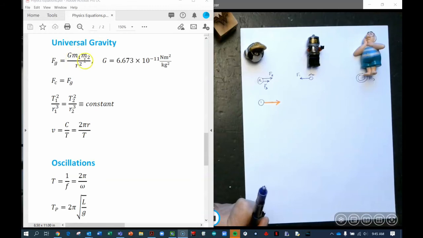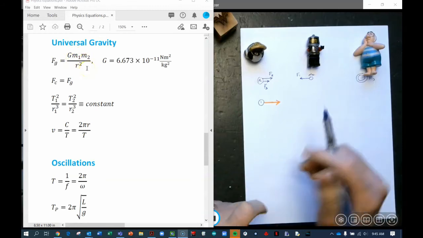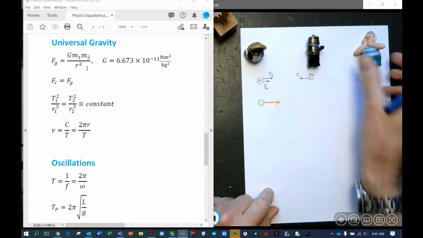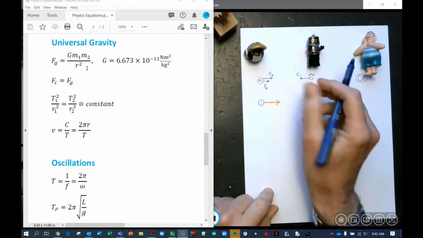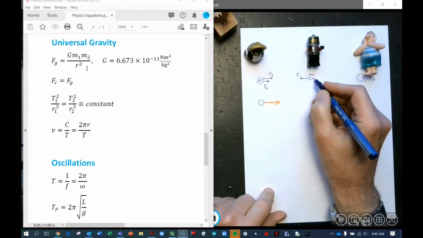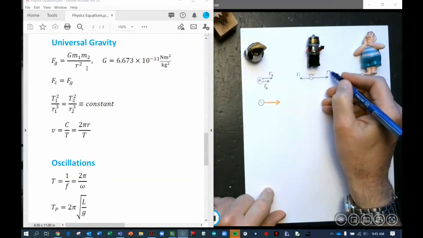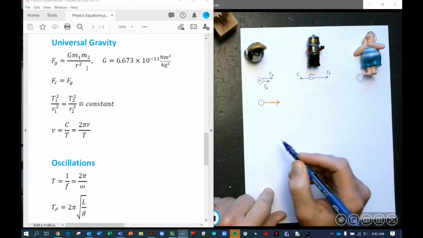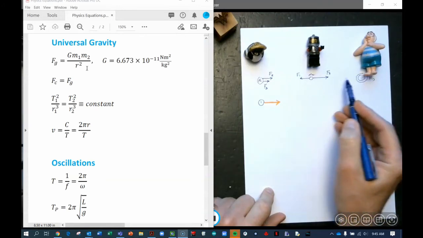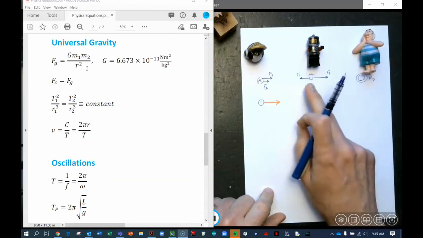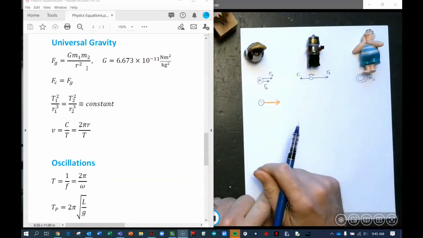If 1 pulls on 2, then 2 pulls on 1 with the same amount. Now here, this guy is going to be pulling on him, and if we put him right in the very center, then he's going to pull with a force that's much greater than F1. And I'm going to call that F3. Okay, and this force is going to be greater because his mass is bigger, but the distances are approximately the same.